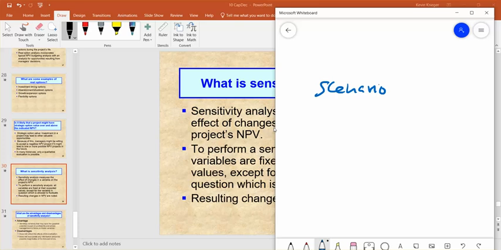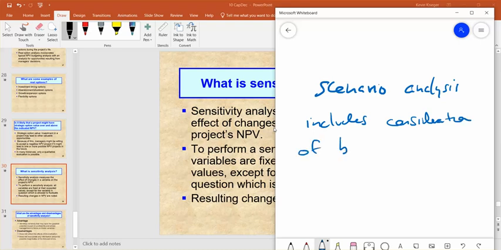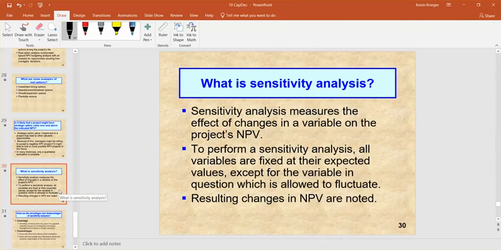The scenario analysis includes consideration of your best case and worst case circumstances. So that'd be one extra tip here for you to keep in mind beyond just what I have highlighted in slides.